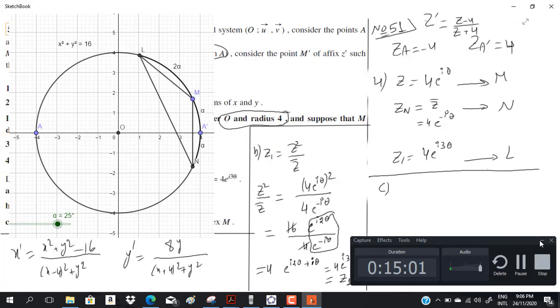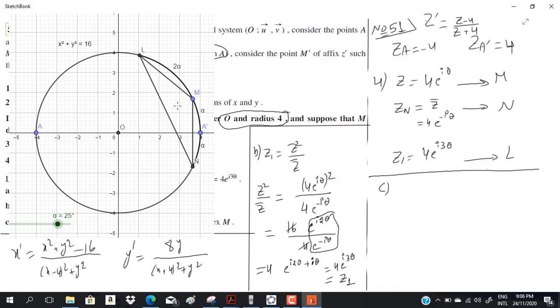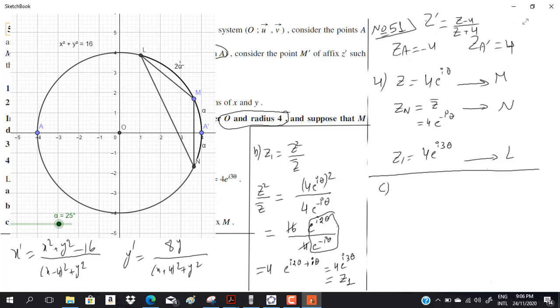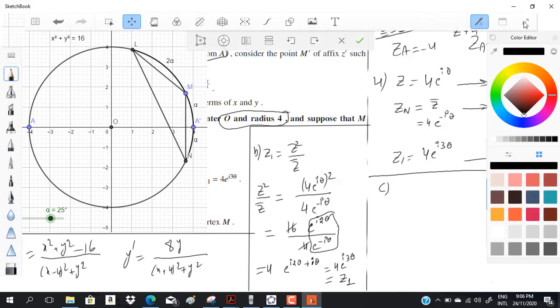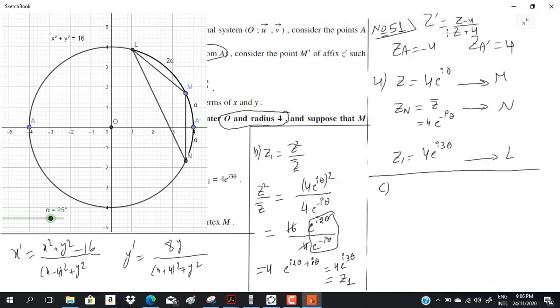Okay, I'm going to call this angle, wait a minute. Okay, this angle is theta, and this angle is theta, and this angle is theta. So the angle MLN, this angle, equals the opposite arc, theta plus theta. This arc is 2 theta over 2, equal to theta.